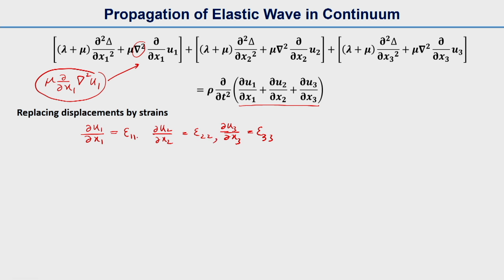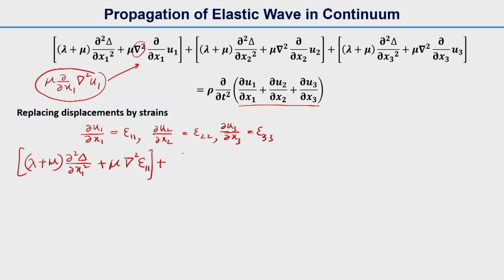So if we substitute, what will happen is lambda plus mu, double partial of delta with respect to x1, plus mu with the nebula operator epsilon 1.